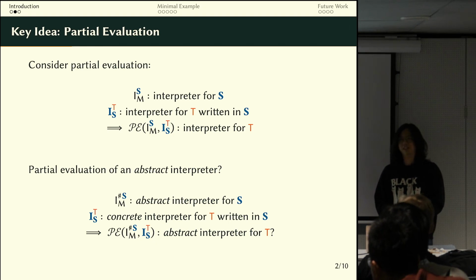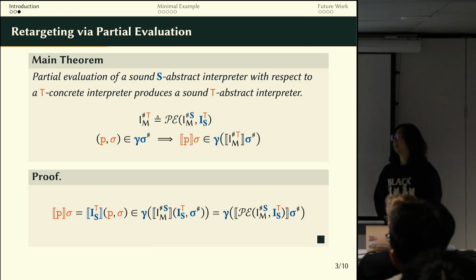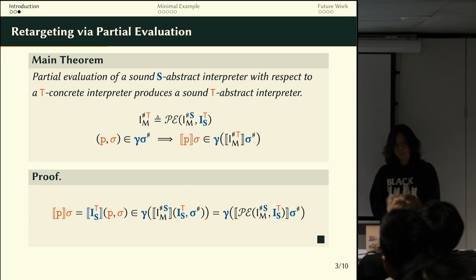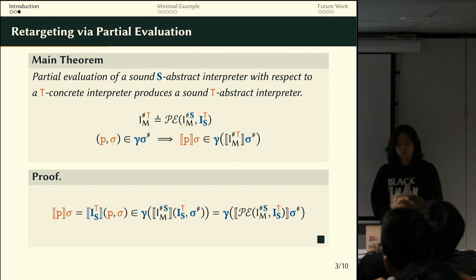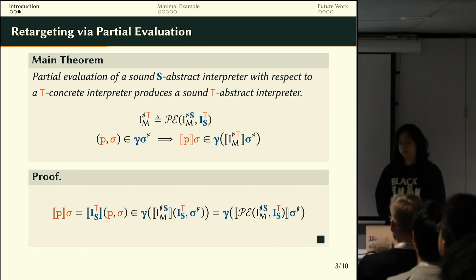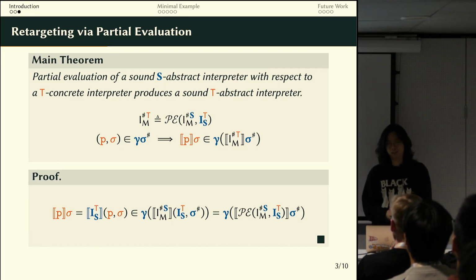So a natural question is, is this a sound abstract interpreter? And the answer is yes. Partially evaluating a sound S abstract interpreter produces a sound T abstract interpreter. The proof directly follows from the correctness of the two interpreters and of partial evaluation.